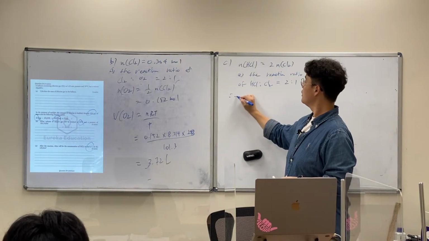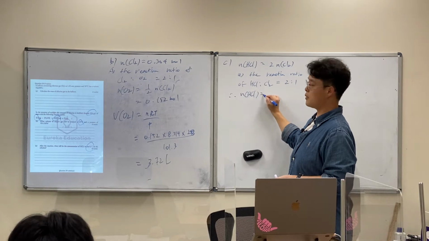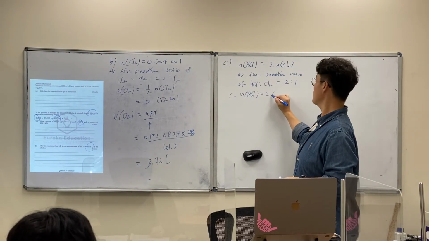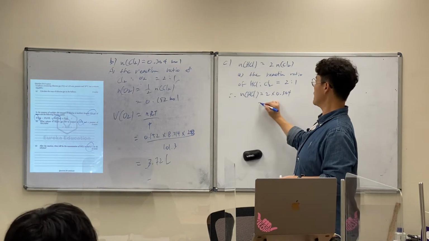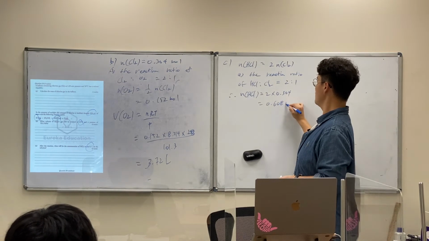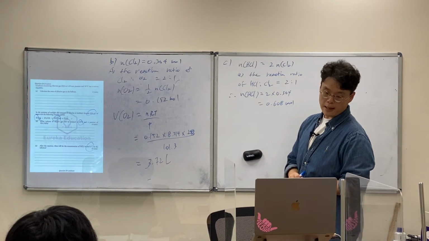Therefore, NHCl must be 2 times 0.304, that's 0.608 mole.